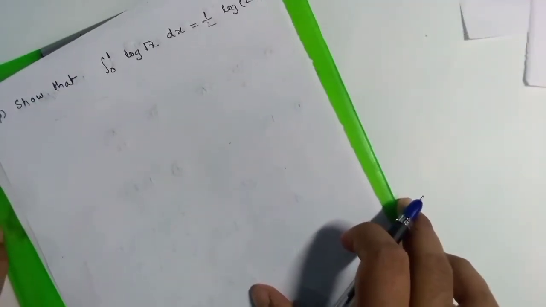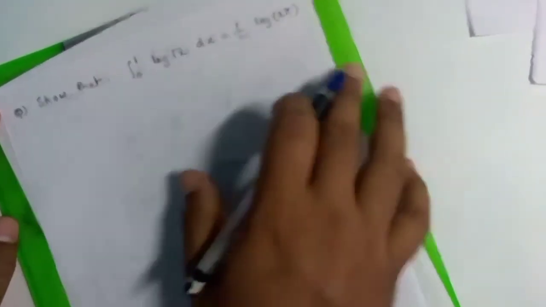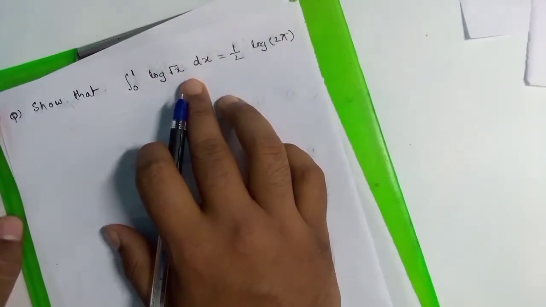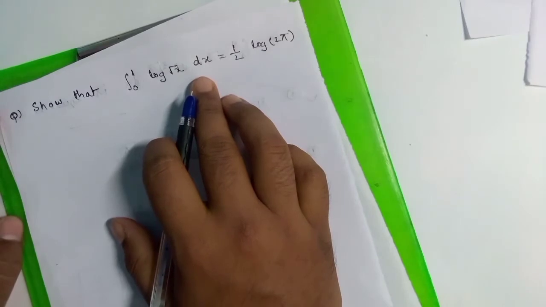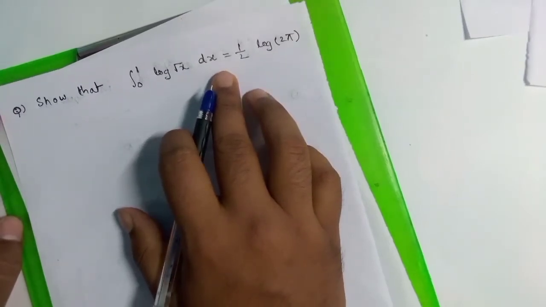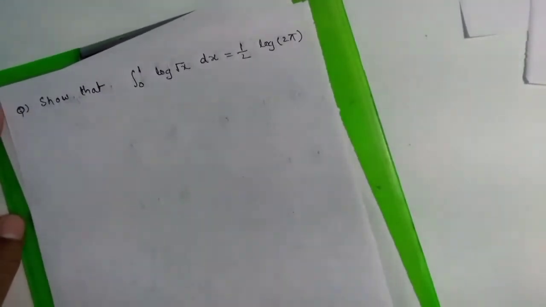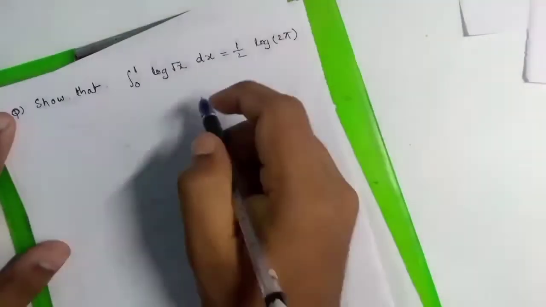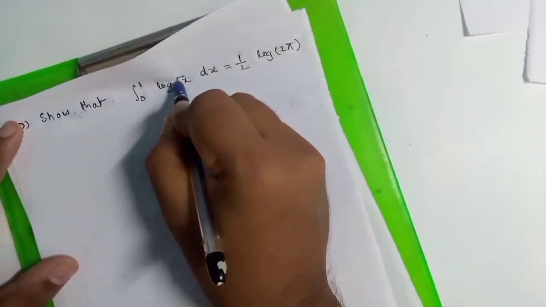Now our last question is the integration over 0 to 1 of log gamma x dx is equal to half log 2 pi. Actually, let me verify whether it is gamma x or root x. One minute, I verify this question. Okay, it is not root, this is gamma.